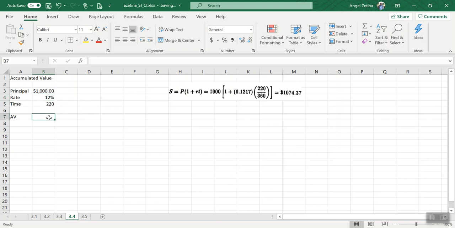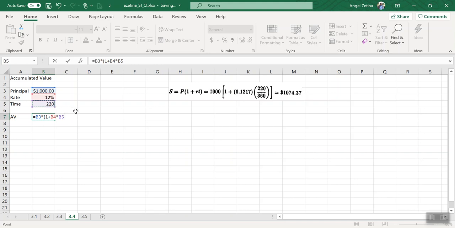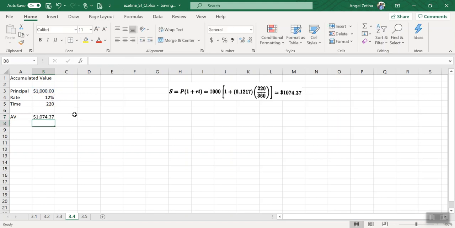The accumulated value will then be equal to the principal times, open parenthesis, 1 plus the rate times the number of days divided by 360. Close parenthesis, and you get 1,074.37.